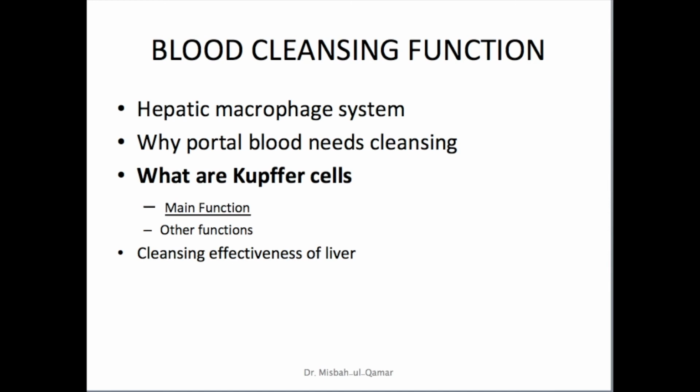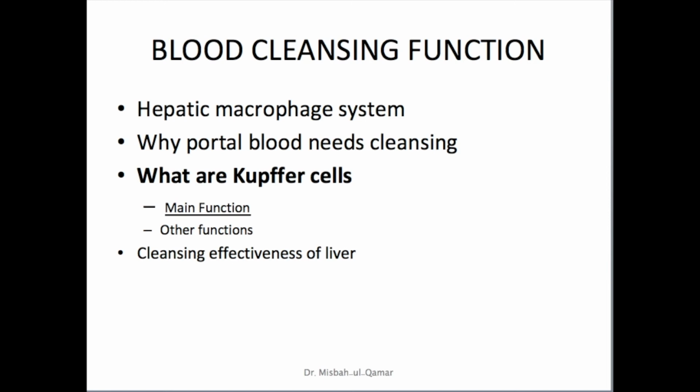Hepatic macrophage system consists of Kupffer cells. What are these Kupffer cells? These are large phagocytic macrophages that line the hepatic venous sinuses. And the main function is to cleanse blood of bacteria and endotoxins from portal circulation as it passes through the sinuses.